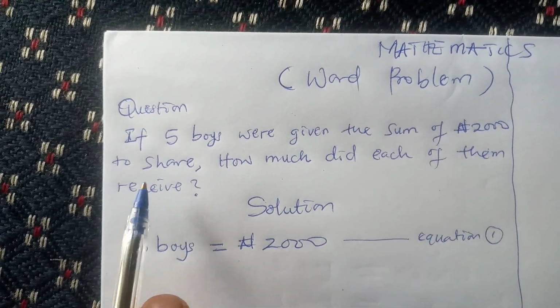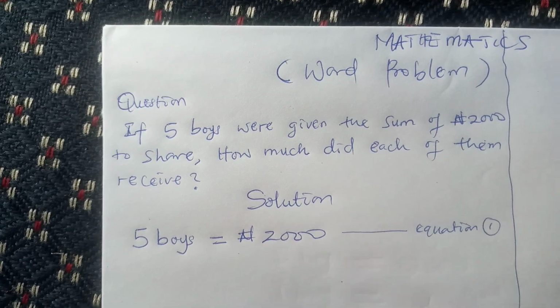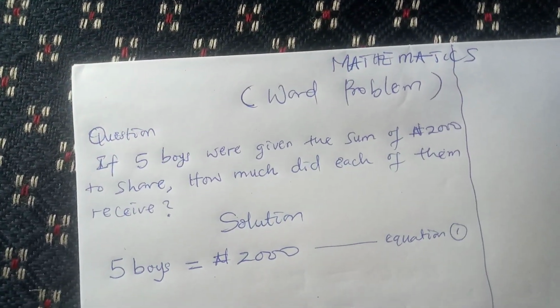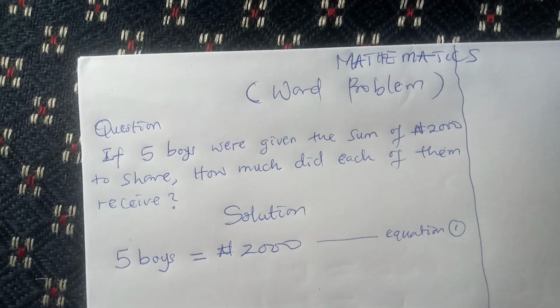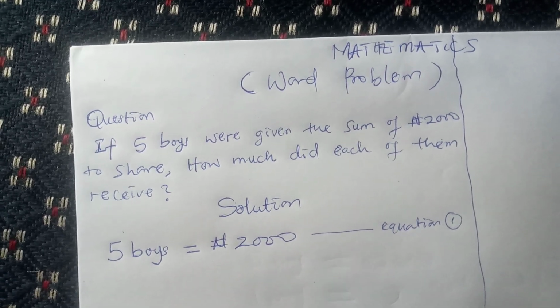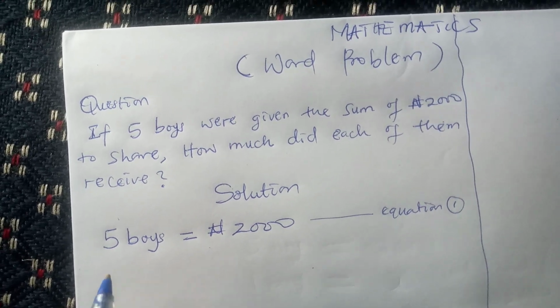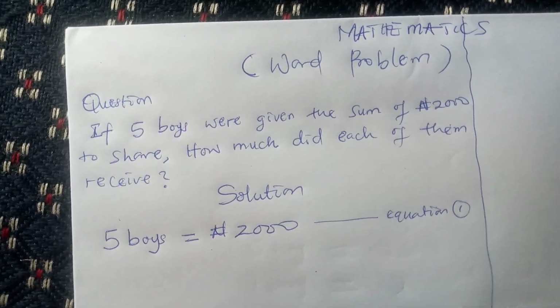Okay, the next statement says, how much did each of them receive? For you to know how much each of the boys receives, you should be able to represent that in a mathematical expression too. As you say, you want to know how much one boy receives.